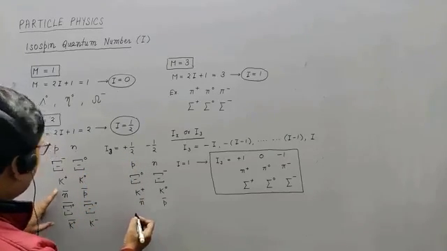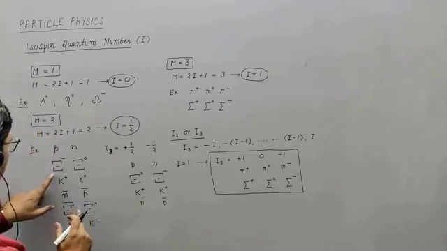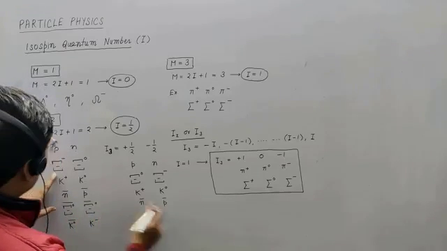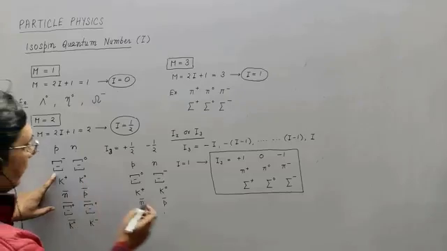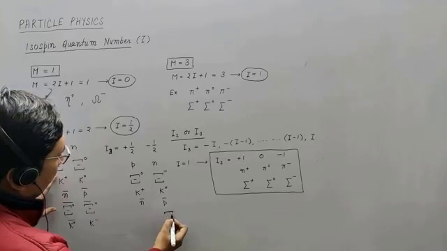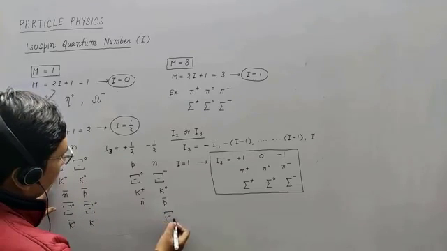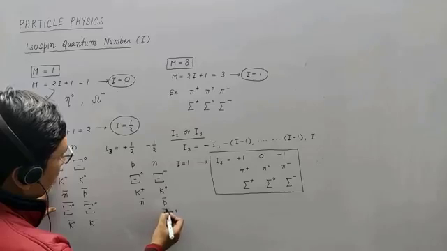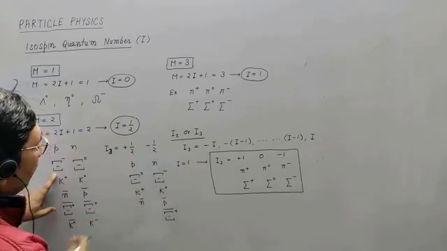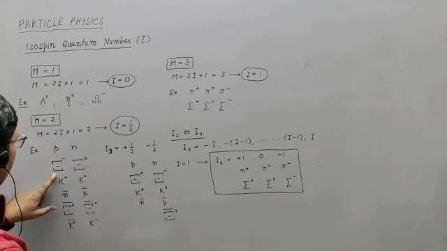Now similar case is for this one. For this cascade negative, its antiparticle will be cascade positive here. So basically its I3 value will be minus 1 by 2.